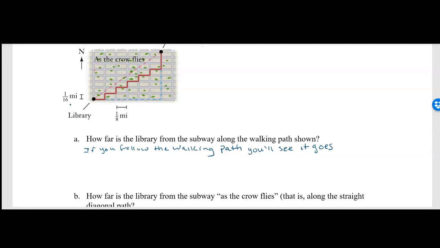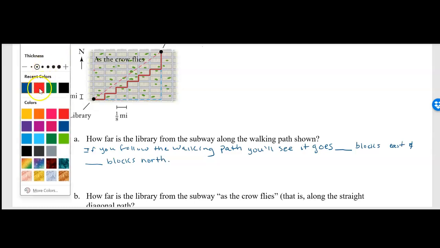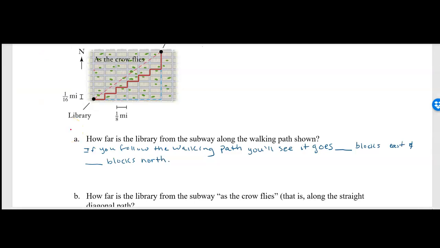We're doing movements of east and movements of north. That's it. We're following the walking path. That means we're going to be walking some amount of blocks east, right? And some amount of blocks north. All right, well, that's what we need to figure out because that's all we're moving.